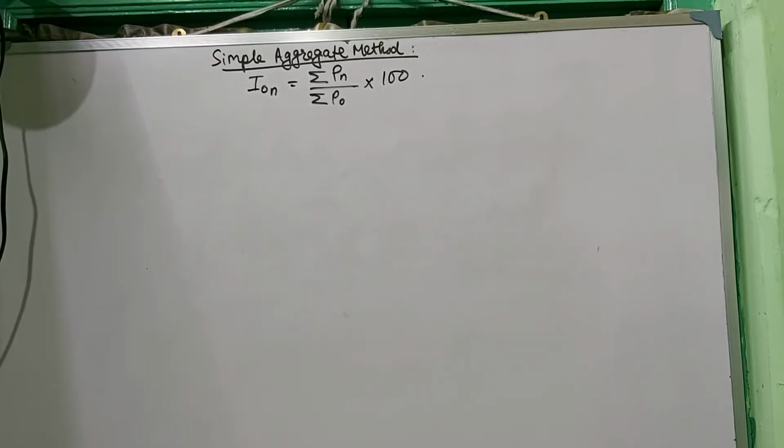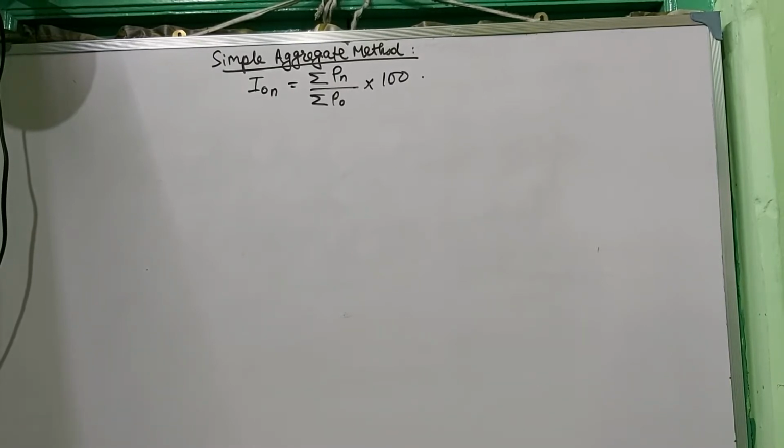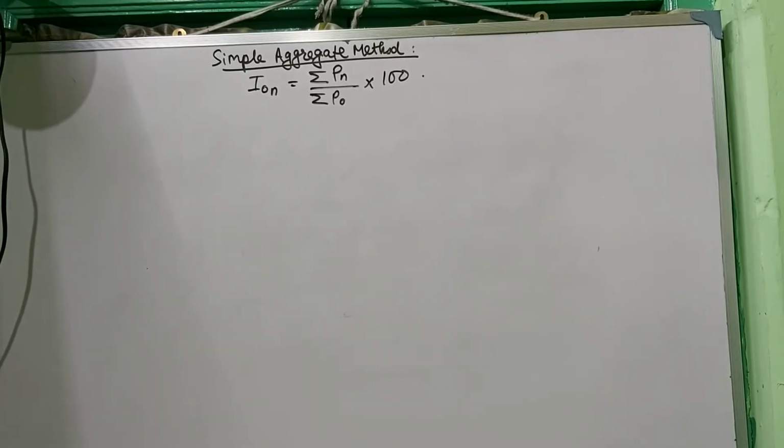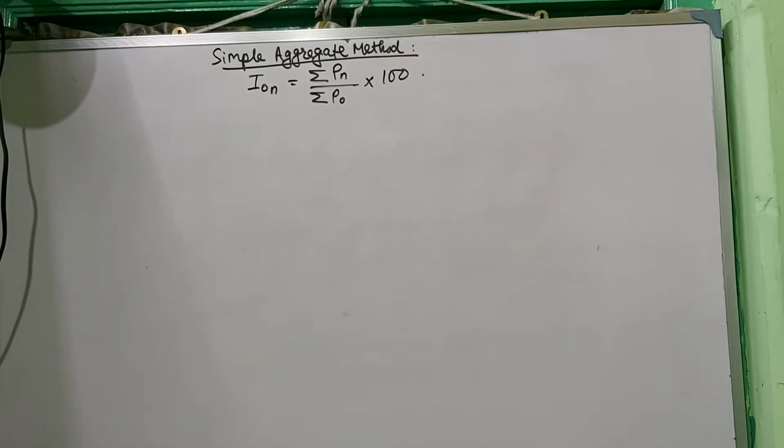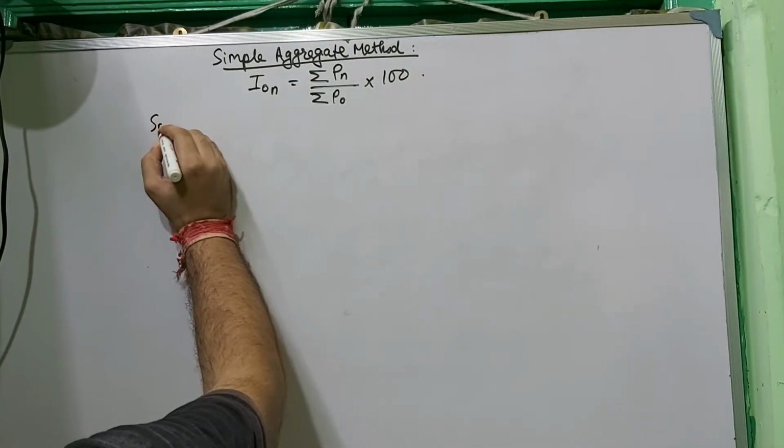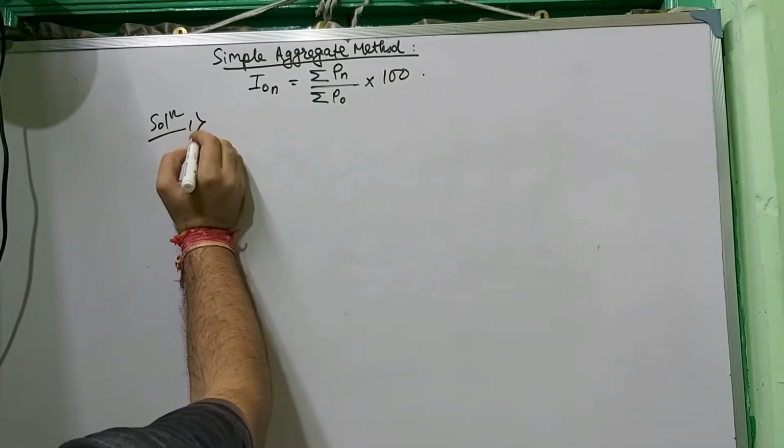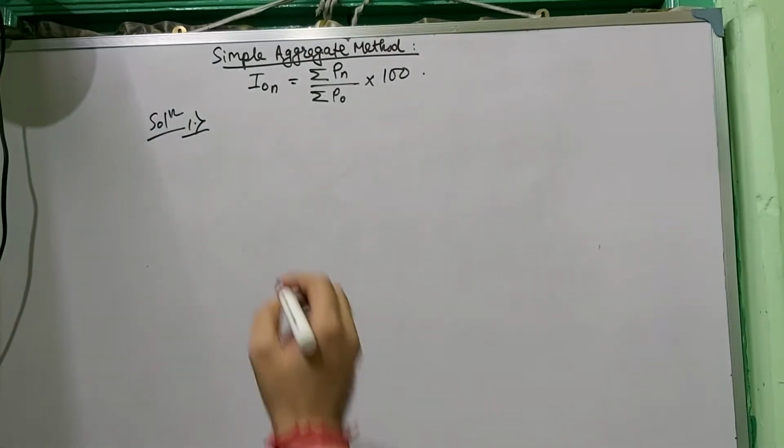On that basis, we have to consider the price index number of 1981, 82, 83. Prices of items like rice, wheat, pulses are given. So how will you compute? First, the solution to problem 1: calculation of index number.